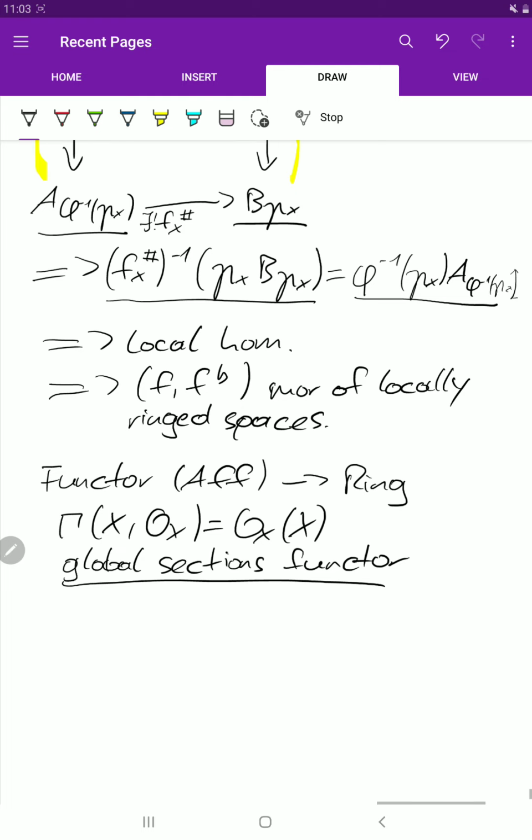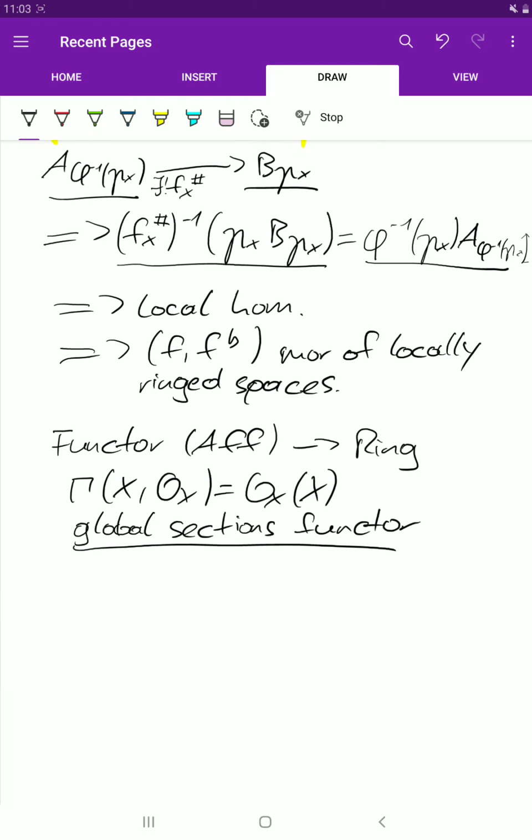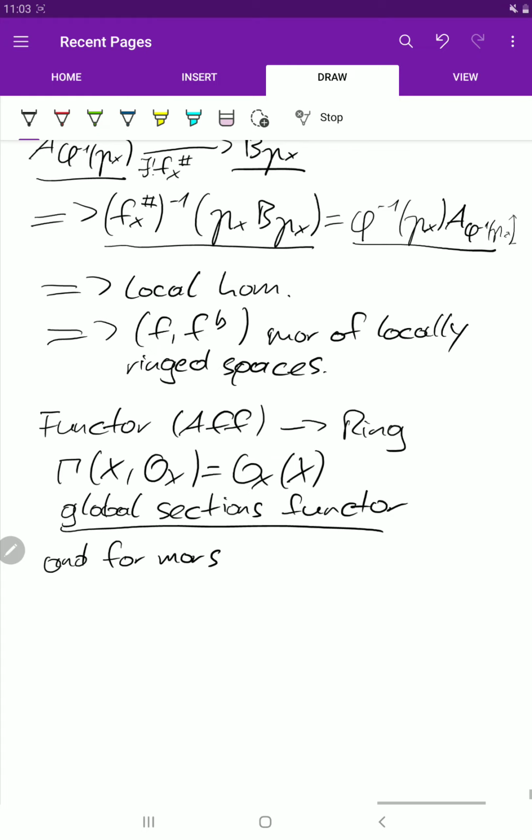And now let's see what it does on morphisms. So let's take one, (f, f^#) from (X, O_X) to (Y, O_Y). And now we have to define Gamma of f.